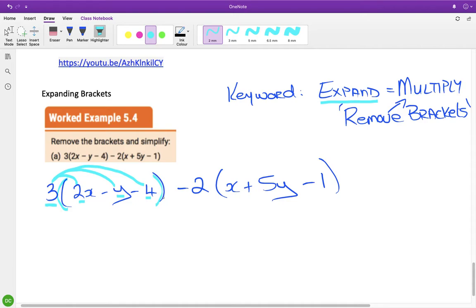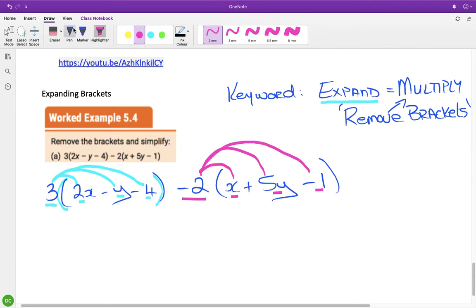Once I hit the end of this bracket, the 3's multiplication has been completed. So we move on to a new multiplication where we're multiplying minus 2 by a bracket. Again, there are three things in that bracket, so that will require three multiplications.